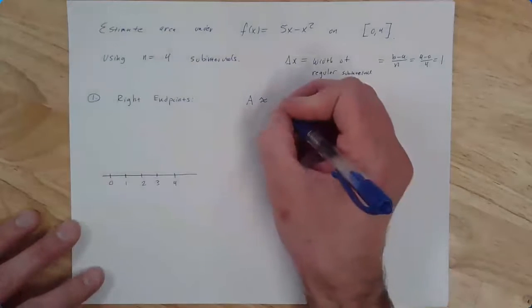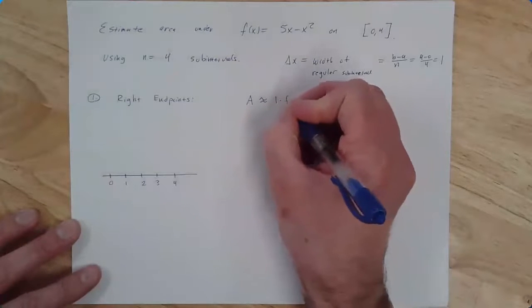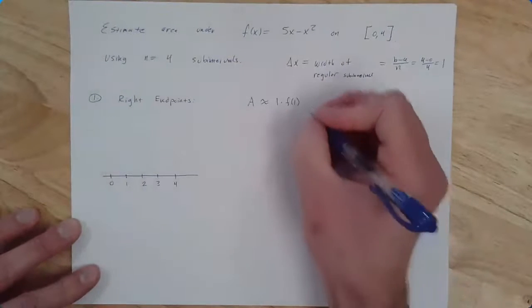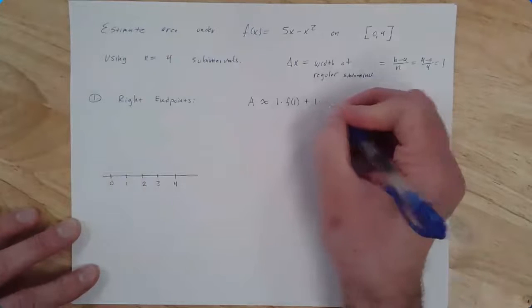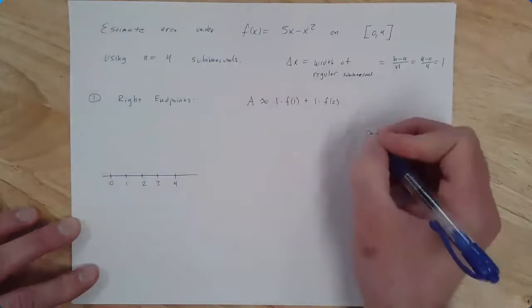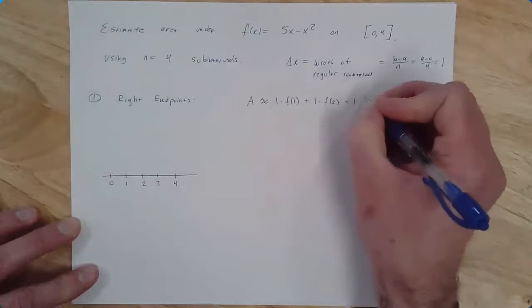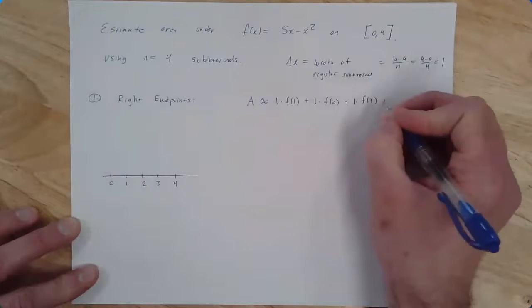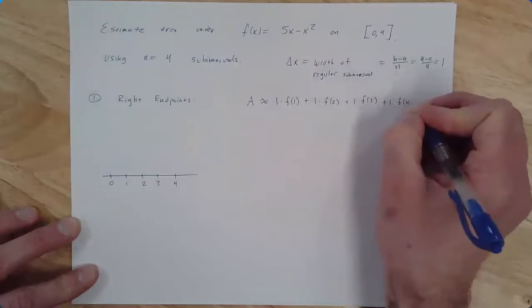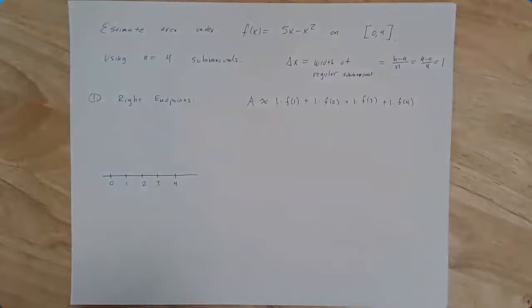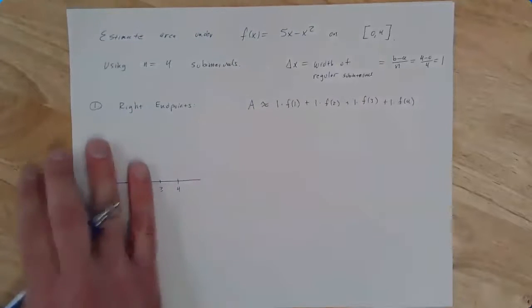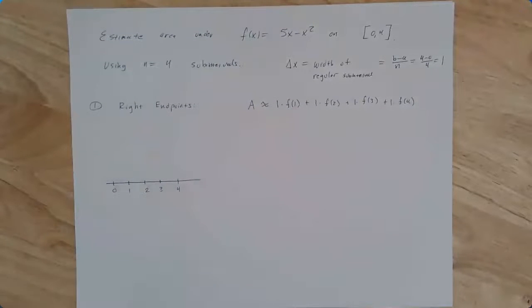It's going to be base of 1 times height of f of 1 plus base of 1 times height of f of 2 plus base of 1 times height of f of 3 plus base of 1 times height of f of 4. Usually, when the width is the same for each rectangle, we factor it out.